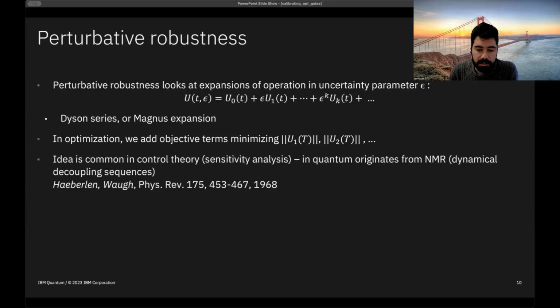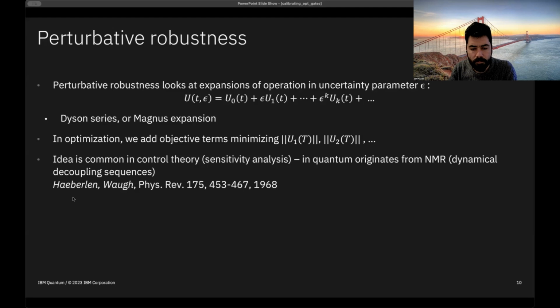And so this idea is common in control theory. It's basically looking at derivatives of the unitary with respect to epsilon, and this is called sensitivity analysis. But in quantum, this goes way back to the beginning of quantum control, and it originates from NMR. So if you've heard of dynamical decoupling sequences, which are still used today, and that theory has advanced quite a bit, but this goes back to NMR.